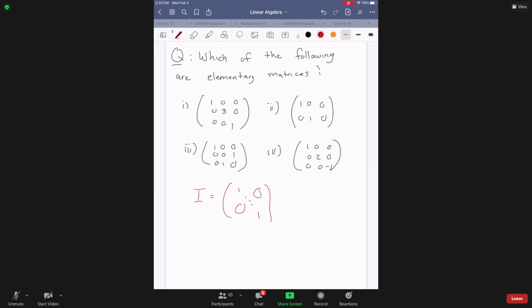Yes, right. Why? Because how can I obtain this matrix via one row operation from the identity? Yeah, exactly. You multiply the second row by 3, and you get this matrix. What about number 2?